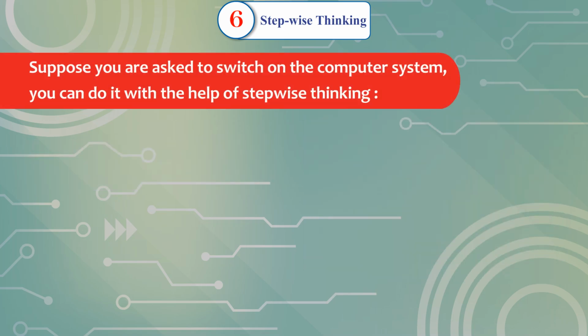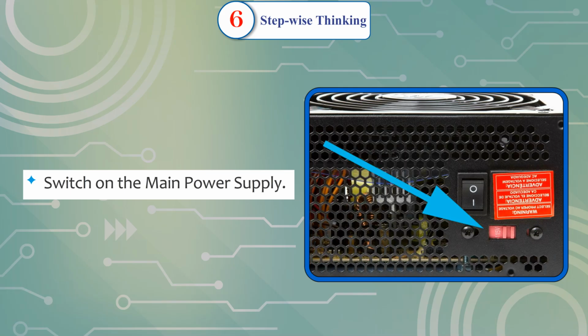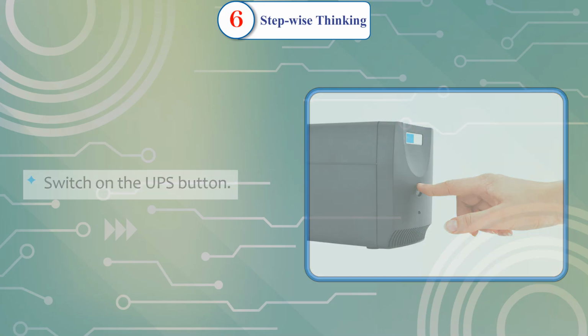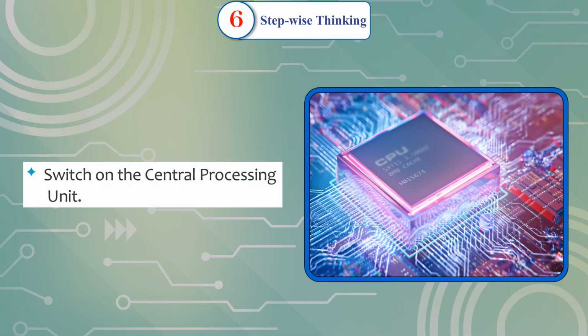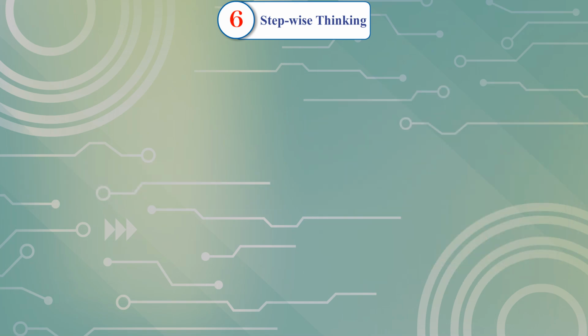Suppose you are asked to switch on the computer system. You can do it with the help of stepwise thinking. Switch on the main power supply. Switch on the UPS button. Switch on the central processing unit. Switch on the monitor.